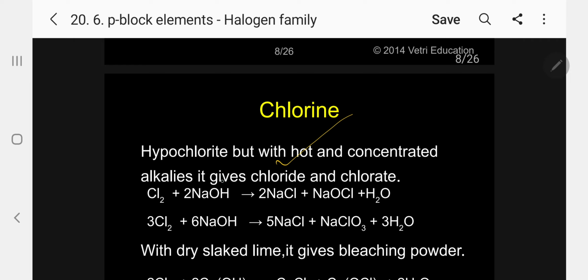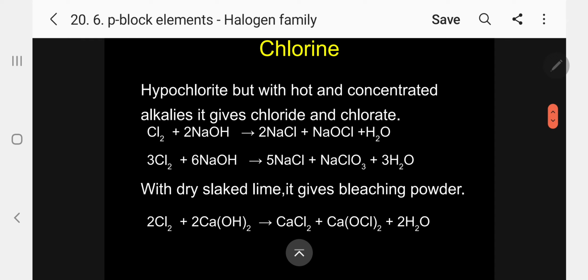So chlorine plus sodium hydroxide gives sodium chloride, sodium hypochlorite, and water. In the same way, 6 moles of sodium hydroxide react with 3 moles of chlorine to form 5 moles of sodium chloride, sodium chlorate, and water.